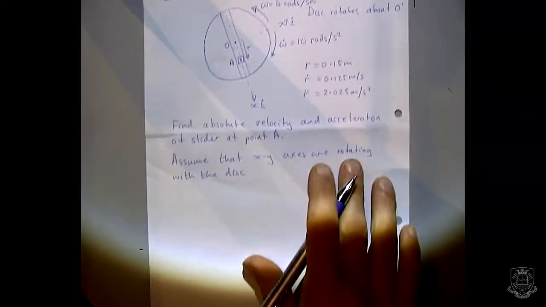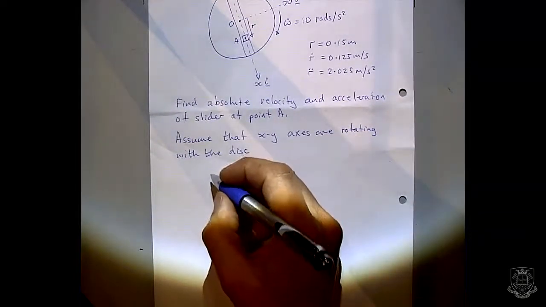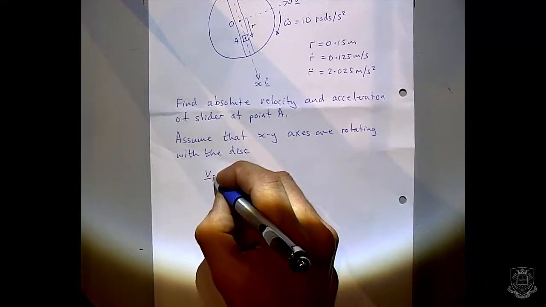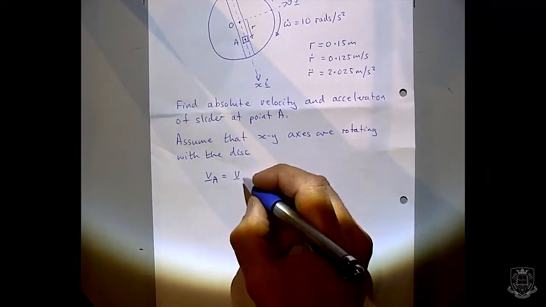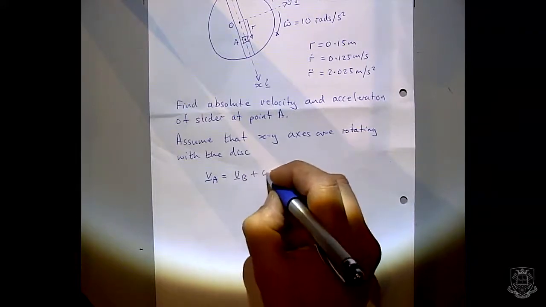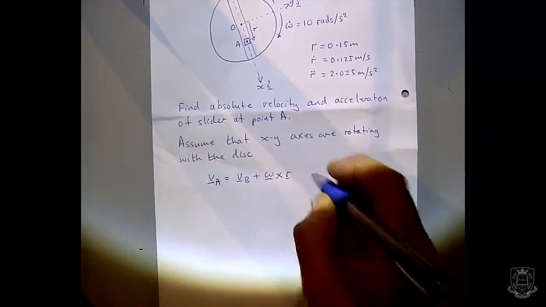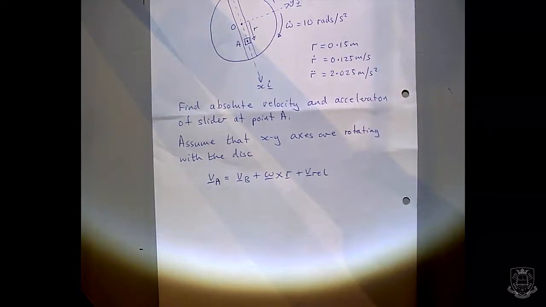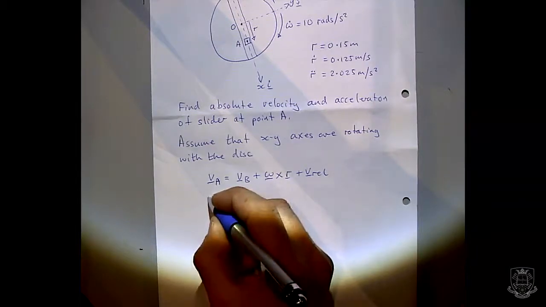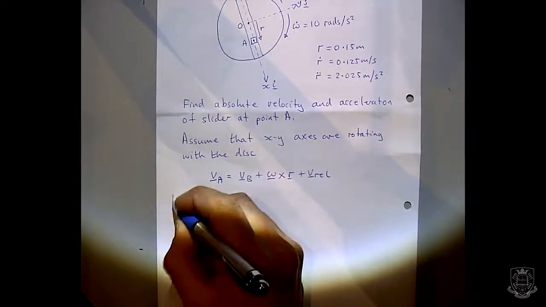So, based on the expressions we just derived, we know that the velocity at A is equal to VB plus omega crossed with R plus V relative. We can choose where the axes are on this problem, so we can assume that RB is 0.